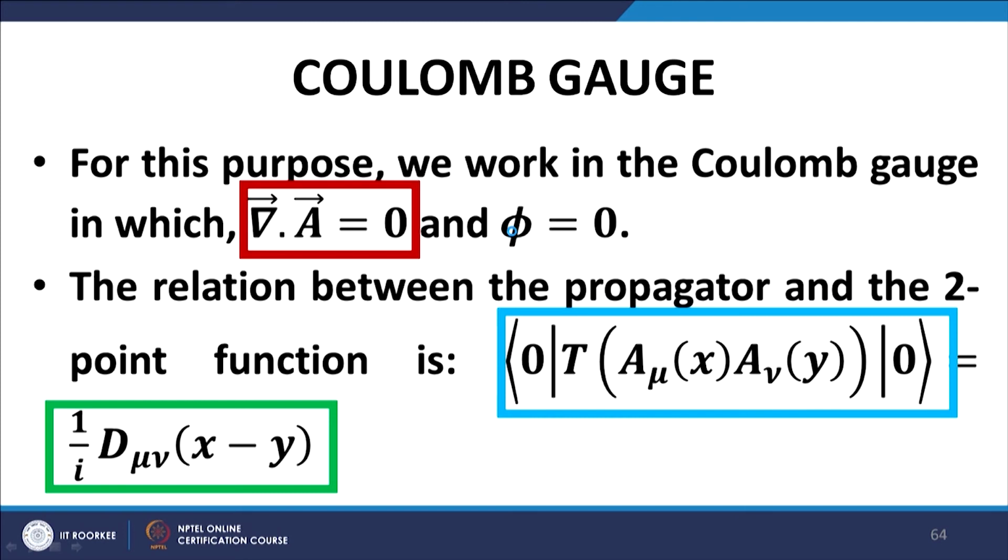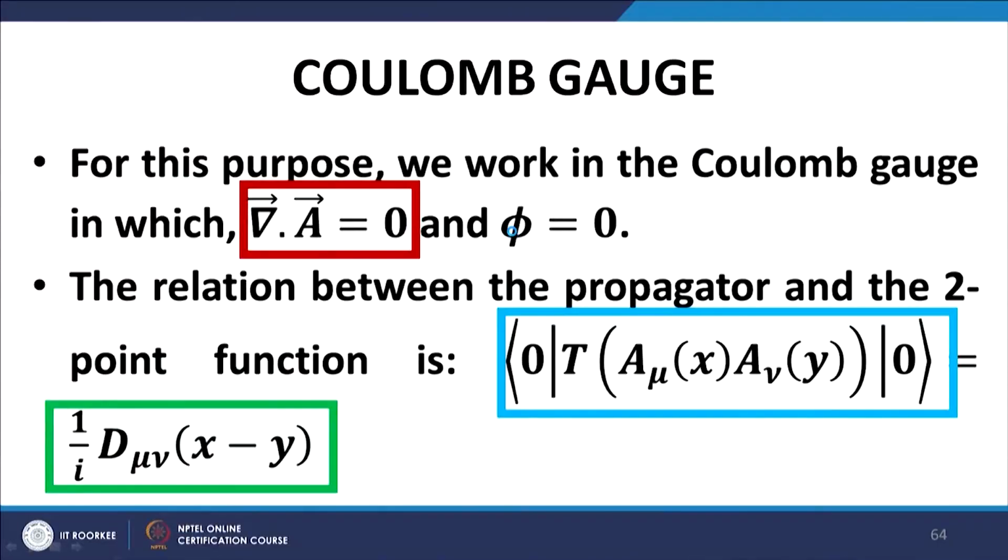As we discussed earlier, the Coulomb gauge is represented by the time component of the 4 vector potential being 0, and the divergence of the spatial component of the 4 vector being 0, and the relation between the propagator and the 2-point function is given by this expression.